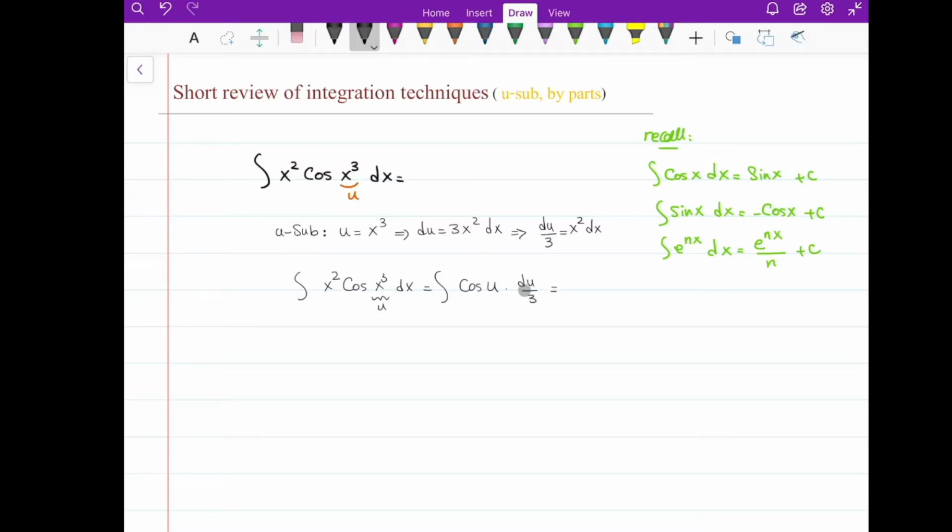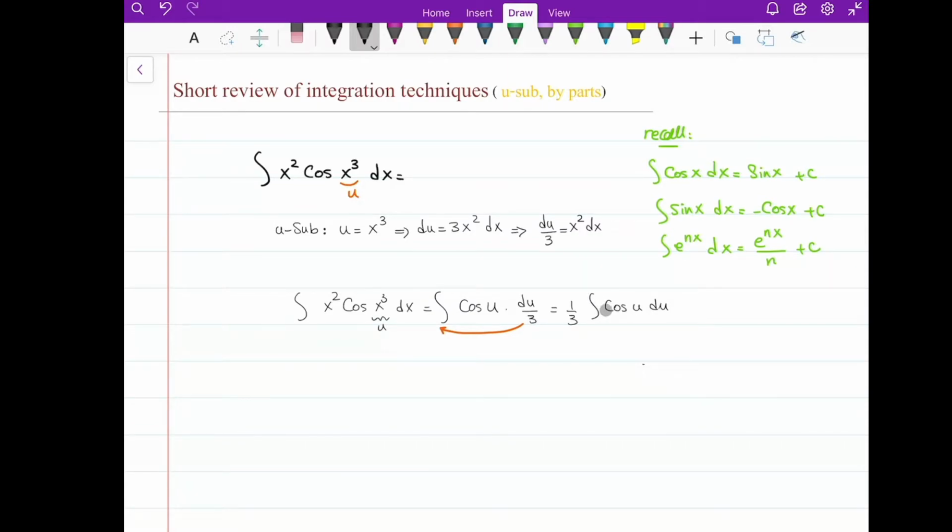So you see I have a number which is 1/3. I can bring it out. I can bring any number out of my integral. So I'm gonna write 1/3 the integral of cosine u du. Let me have more space in here. And then you see the integral of cosine of u du would be like here with another variable. So it would be 1/3, the integral of cosine is sine of u.